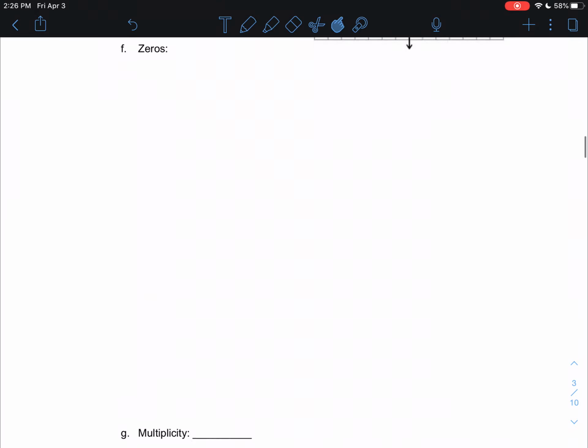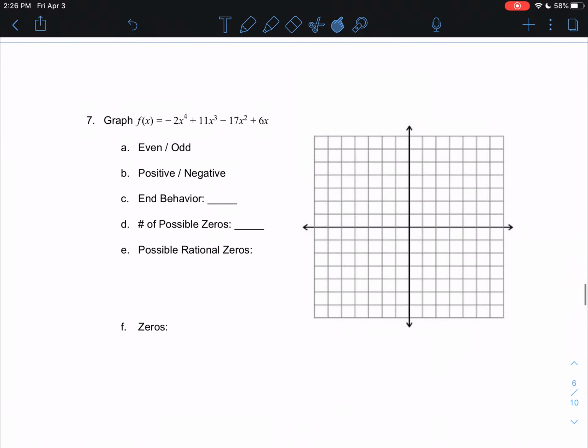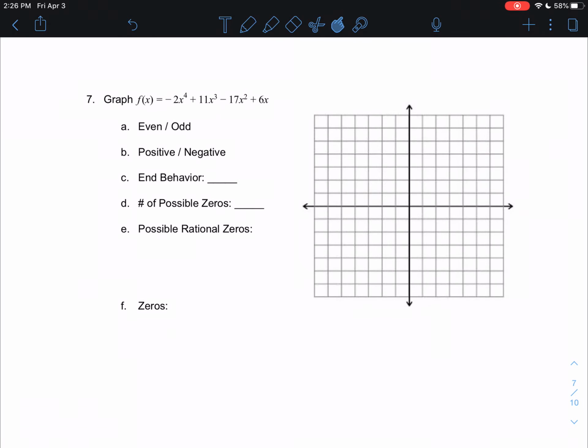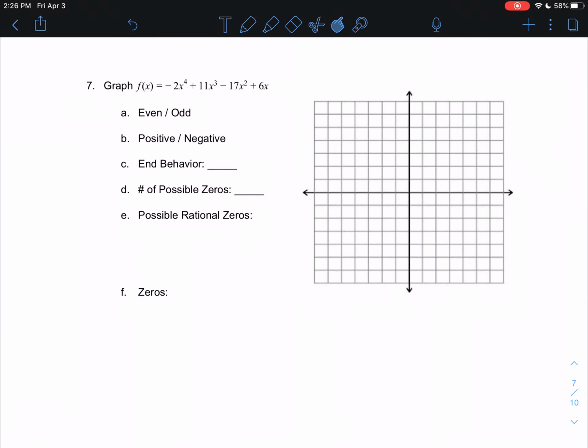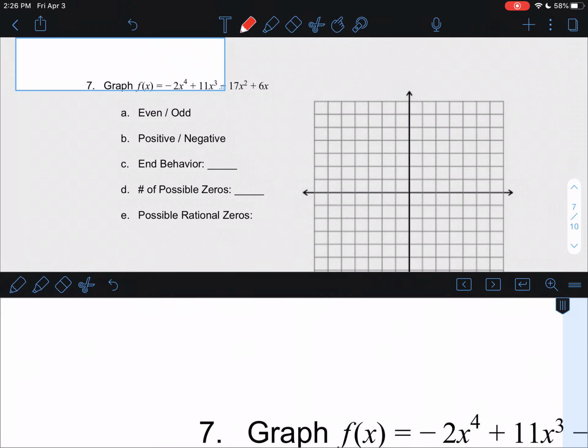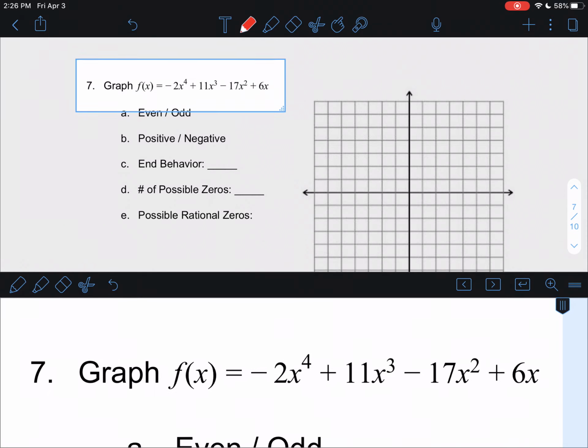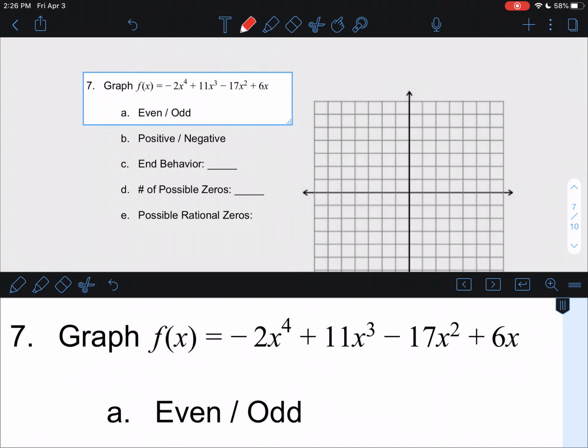The other problem that I want to do together is number 7. And we're also going to look at another one, just glance at it before you do your own thing. Okay, so number 7, we're graphing f of x equals negative 2x to the fourth plus 11x to the third minus 17x squared plus 6x.